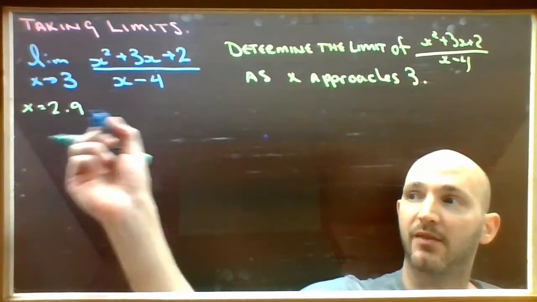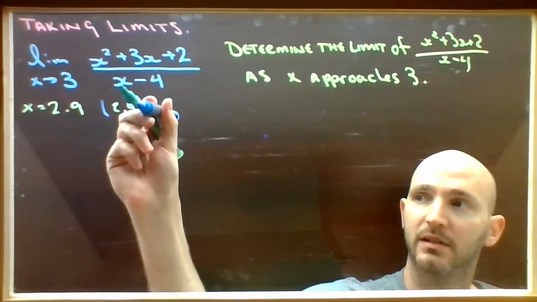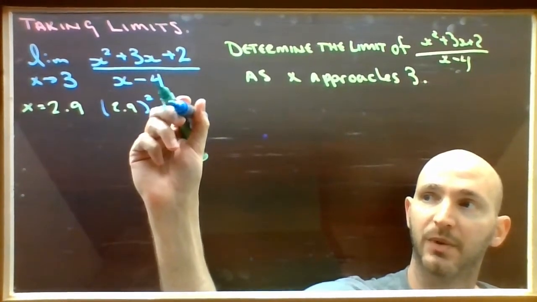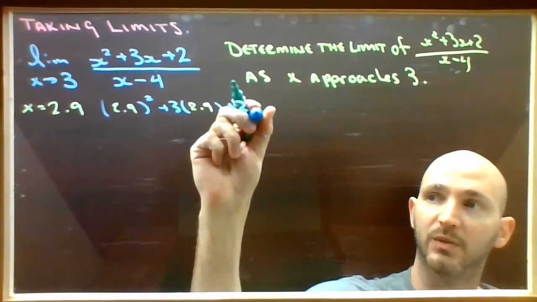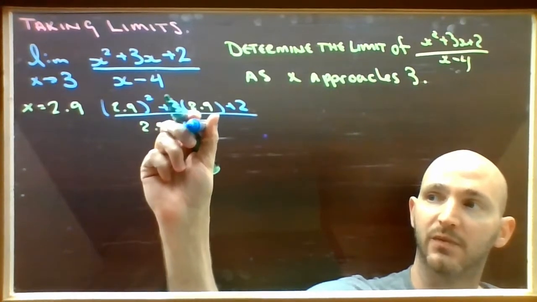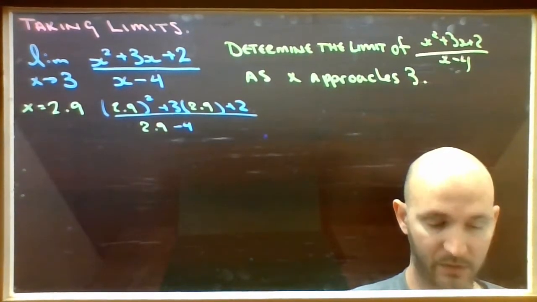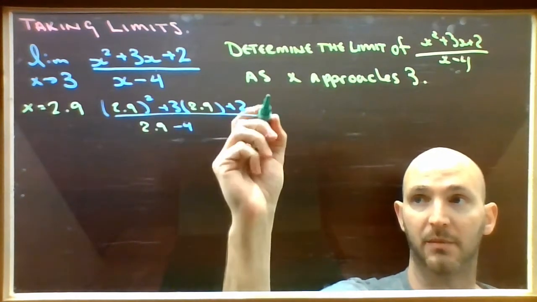So I'm going to take my 2.9, and in it goes: 2.9 squared plus 3 times 2.9 plus 2 divided by 2.9 minus 4. I'm going to work that out in 2 steps. I'm going to do the numerator and the denominator so we can see them.